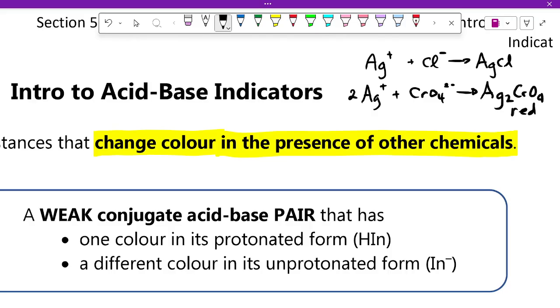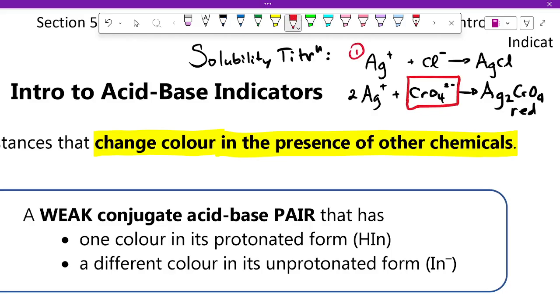So our indicator in a solubility titration, this guy, is our indicator. Because it changes color.